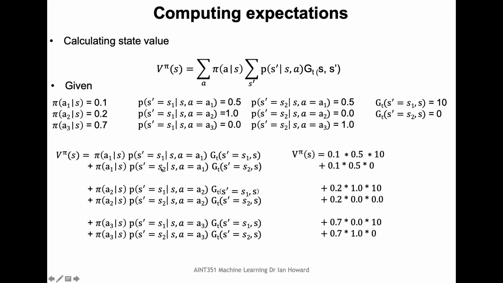And we just do that for all the combinations of these things that we've written out here, and we put in the numerical values. And what we'd see in this particular case is we'd end up with a value for the state S under this policy, which is 2.5. And that basically is value evaluation of a state using these sums.